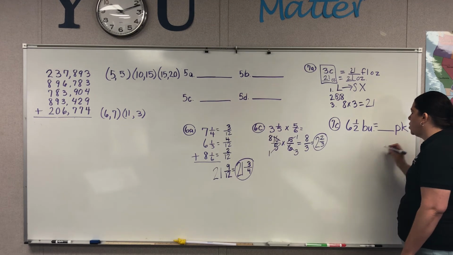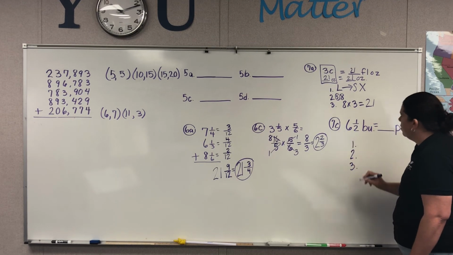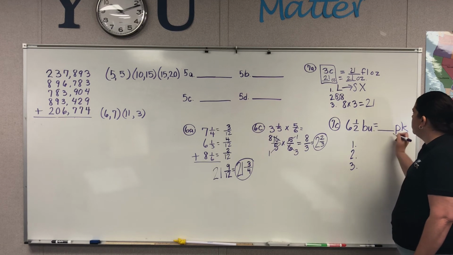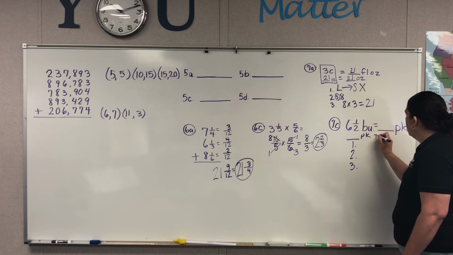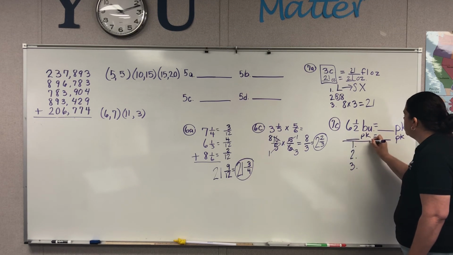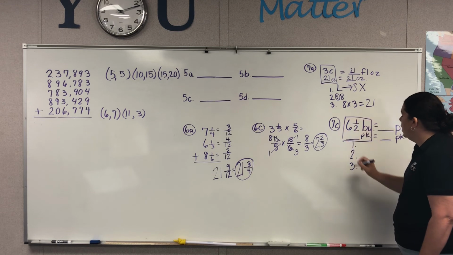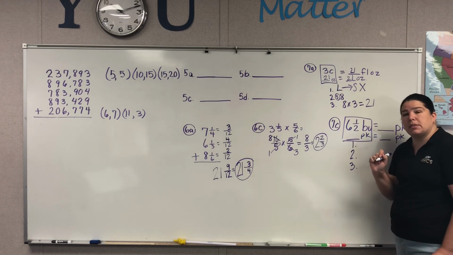So if there's 4 pecks in a bushel, I need my steps. First thing you do, then you're going to change this to pecks. You put your little box around it. Now, we have 6 1/2. I'm sorry, so let's go back to step 1.